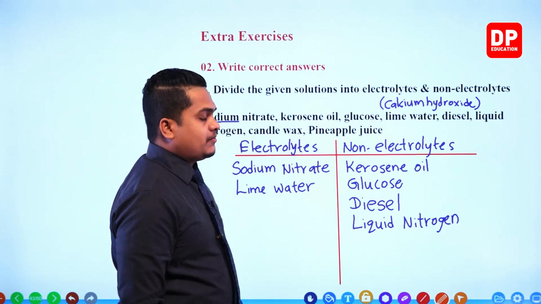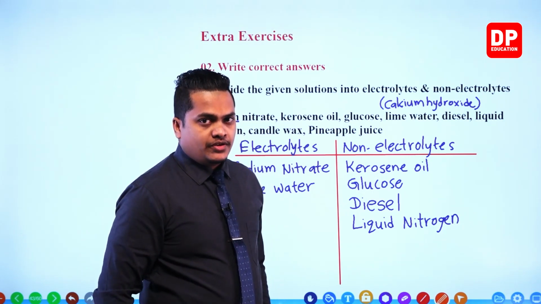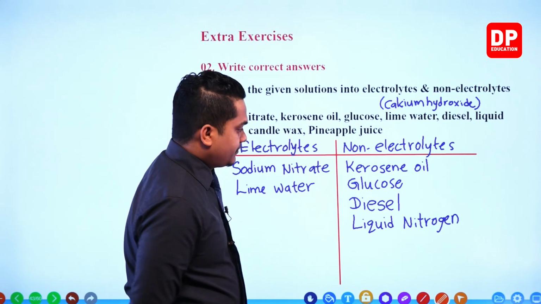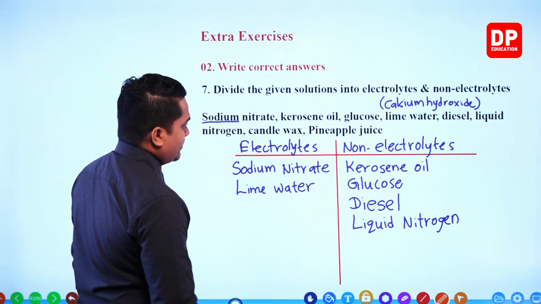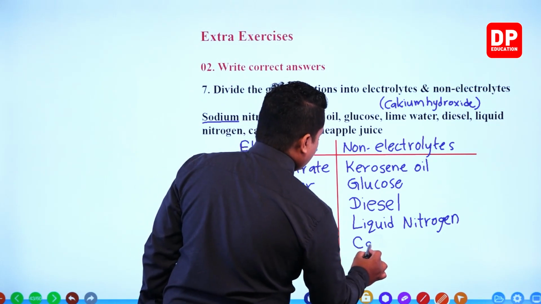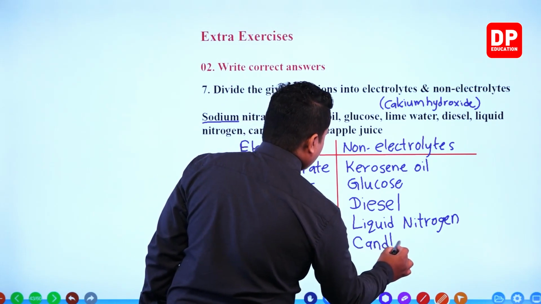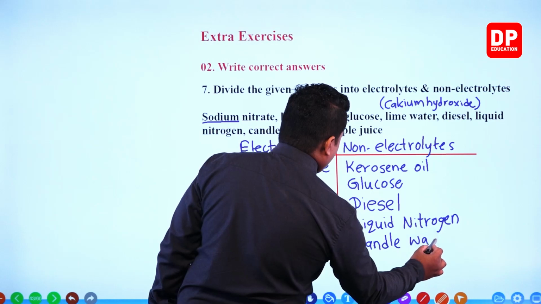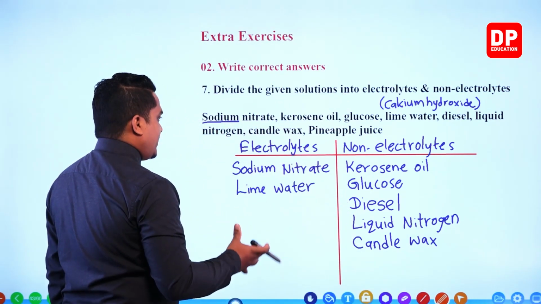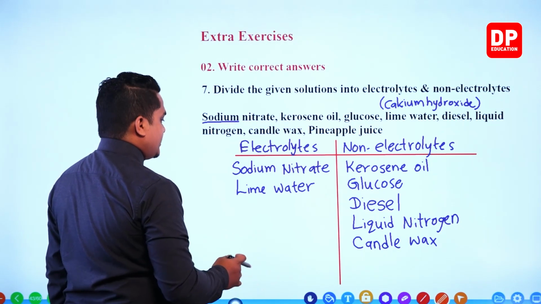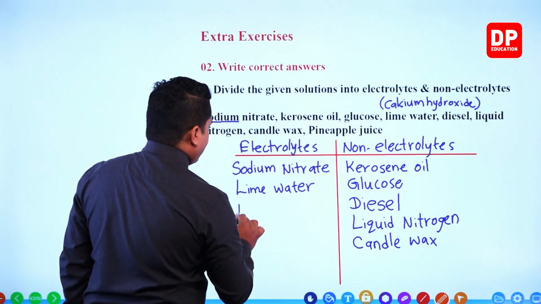To cool different objects as a supercoolant, we use liquid nitrogen, okay? Liquid nitrogen. Candle wax, once again the same, right? Candle wax. Finally, pineapple juice. You know that pineapple juice is a good acid, so it is an electrolyte.